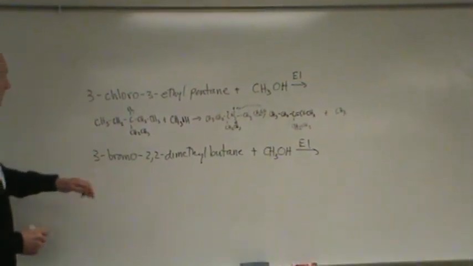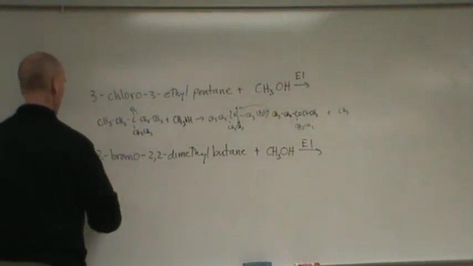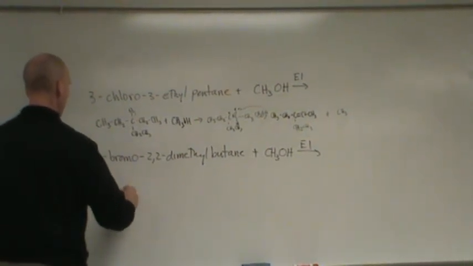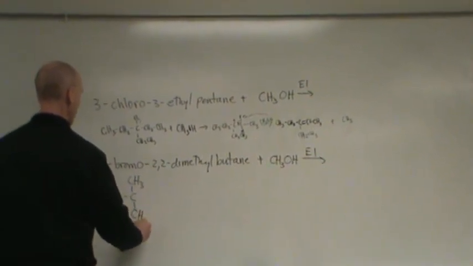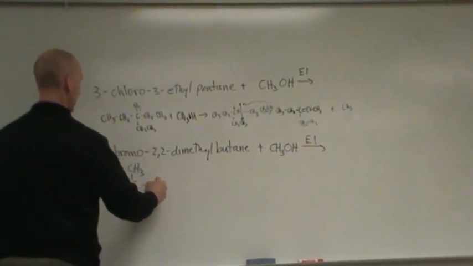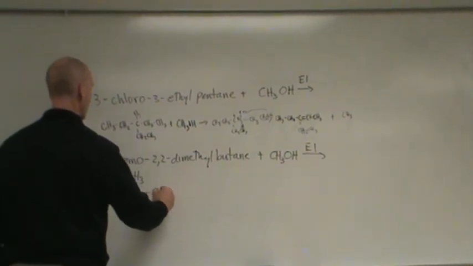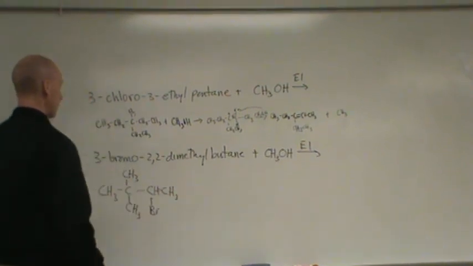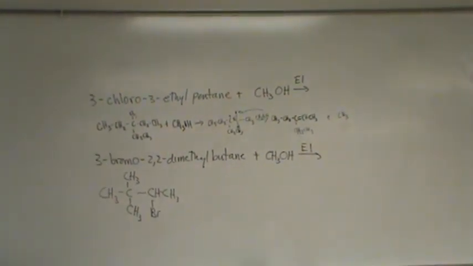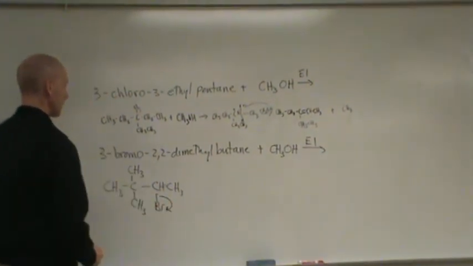So, let's start here. We got butane. Got two methyl groups on the second carbon. This here. So we can have the bromine leave.